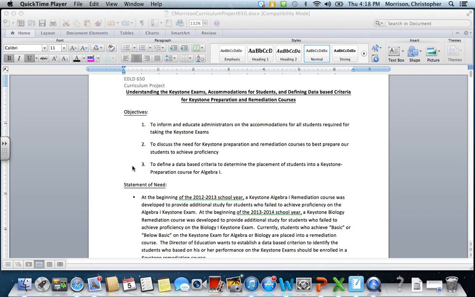The third objective is to define a database criteria to determine the placement of students in a Keystone preparation course. Also, currently we do not have a Keystone preparation course, but that was a topic that also was discussed with my mentor. 8th grade students complete testing, and PVOS has a PVOS projection to predict how well a student will do on an upcoming Keystone exam.